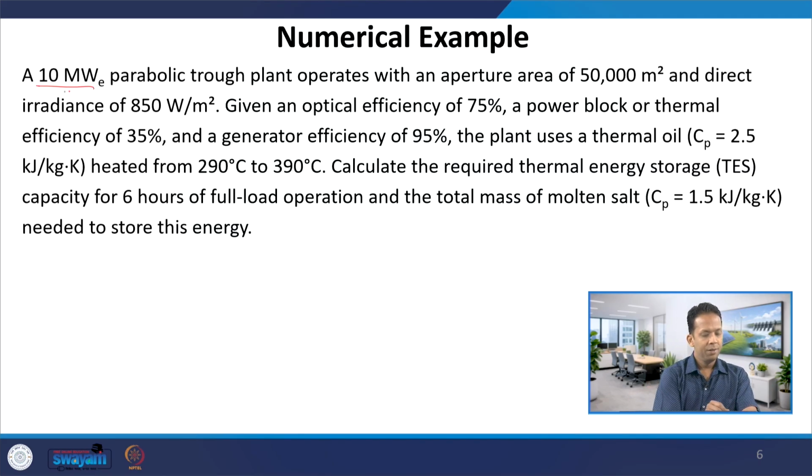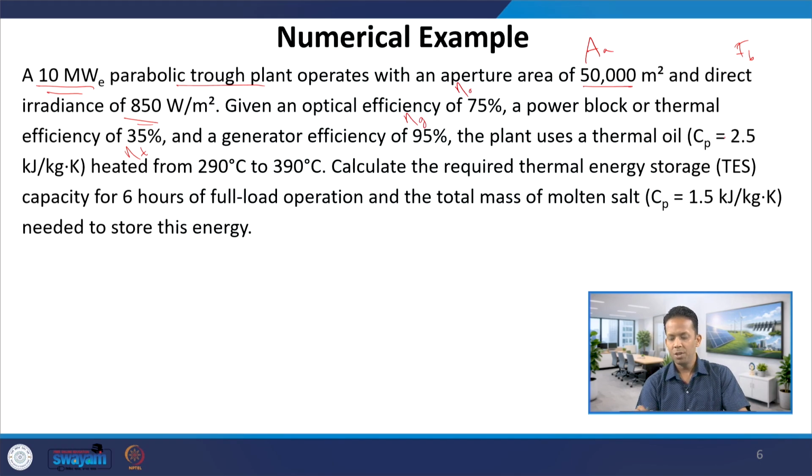Let's say we have a 10 megawatt electric output parabolic trough plant, and it operates with an aperture area of 50,000 meter square and direct radiance of 850, that is I_B. So the optical efficiency is 75%, the power block or thermal efficiency is 35%, and generator efficiency is typically 95%. Okay. So we have three equipments here and each of them has a different efficiency.